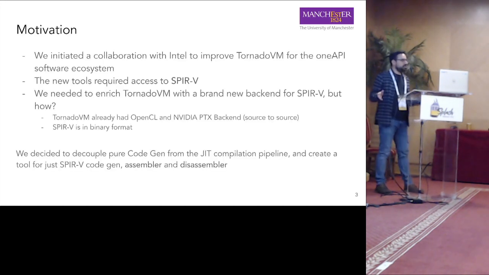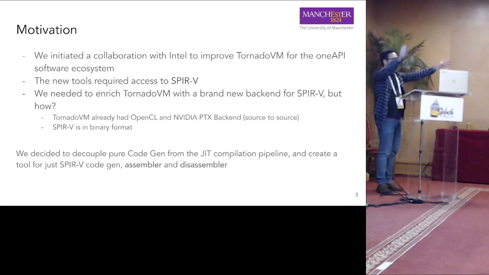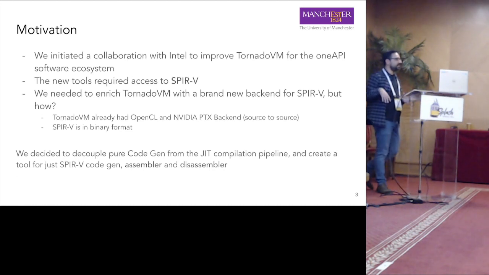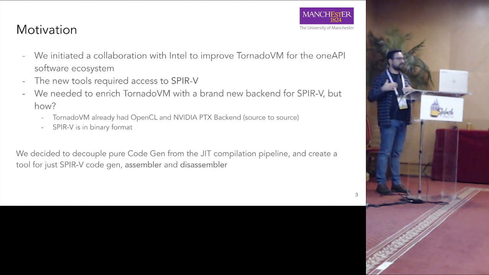Why do we do this? So we initiated a collaboration with Intel, and the goal was to improve the Tornado VM technology for the OneAPI software ecosystem. OneAPI is a new toolkit from Intel that has many libraries inside, including new libraries for accessing accelerators. The thing about OneAPI is that some of the libraries are accessible only through SPIR-V.